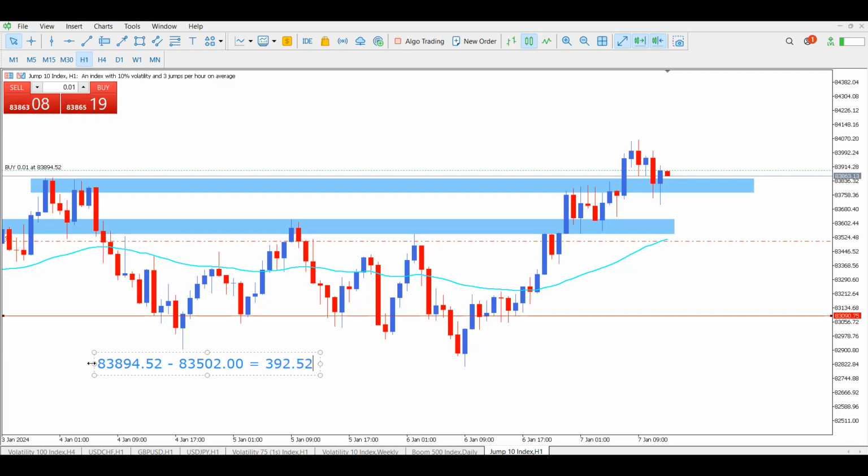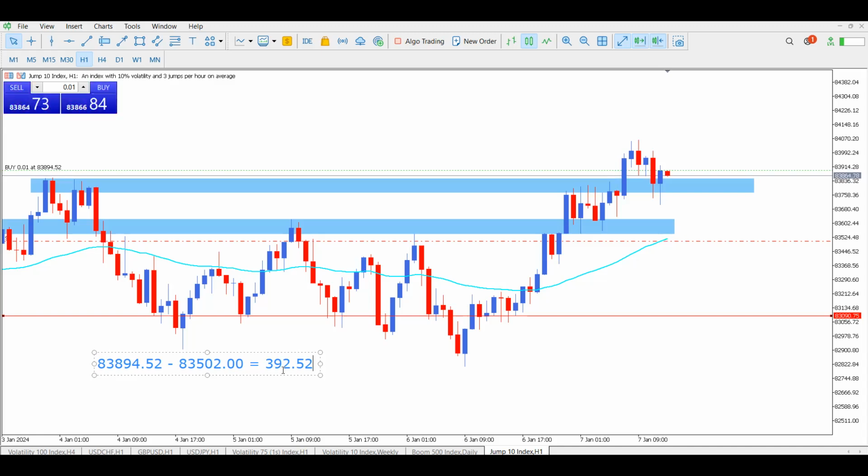Be sure to do this and see for yourself. You get this very answer, 392.52. So this goes to show that 392 points, 392 pips, whichever you choose to call it, lie between your entry position and your stop loss position.